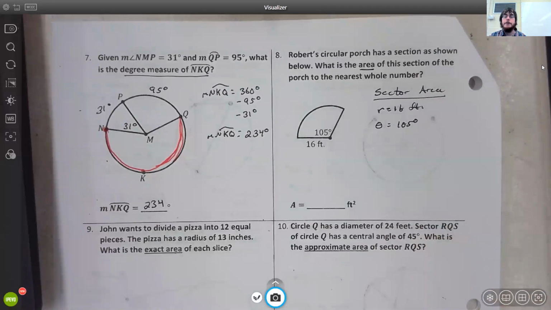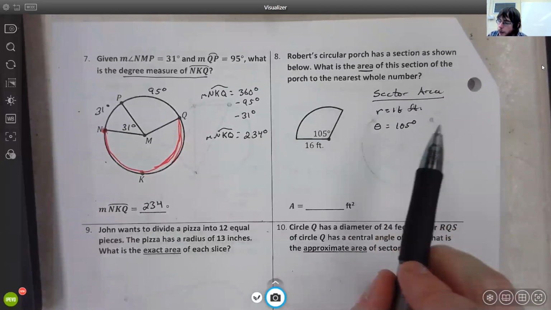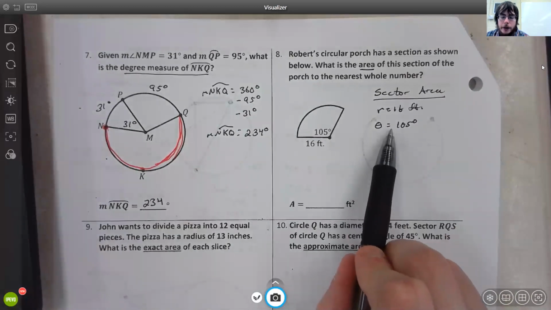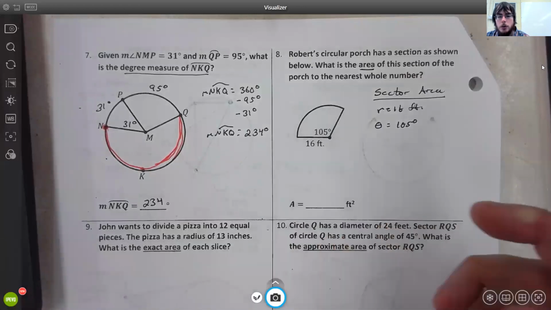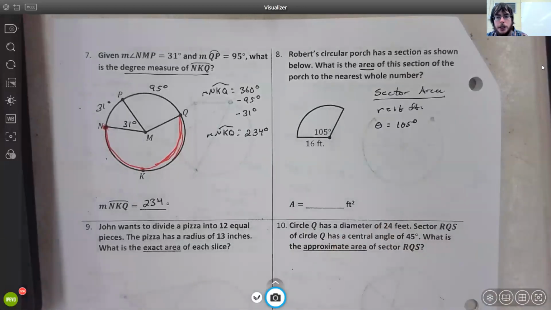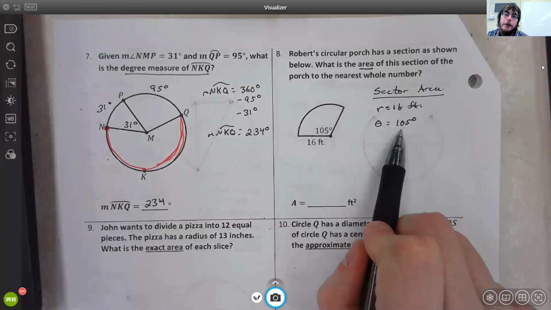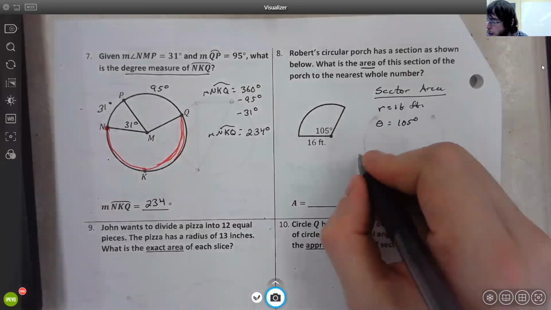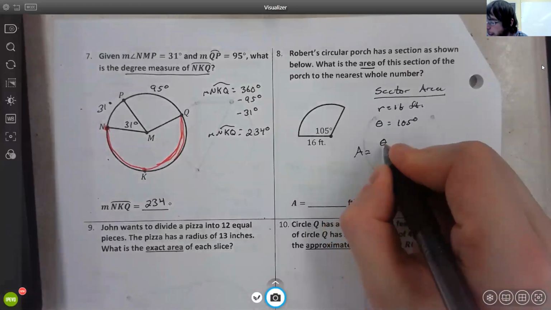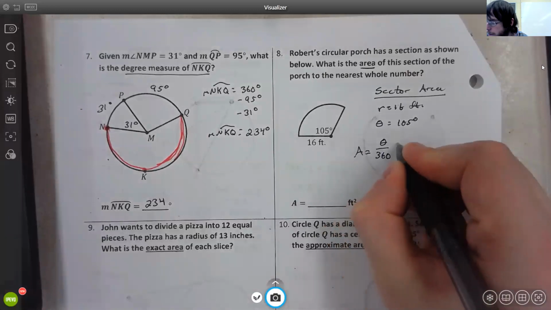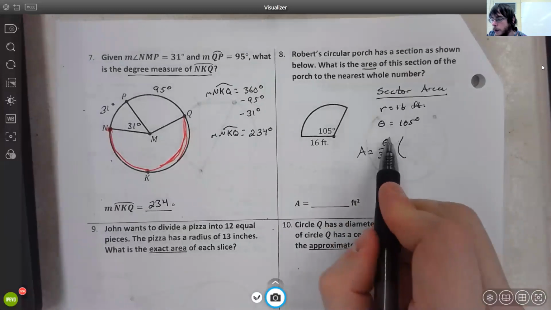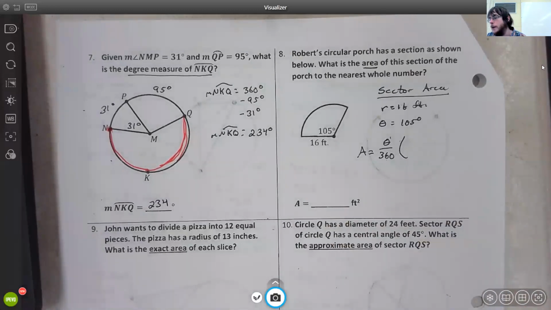Now, when you're trying to find sector area, it's a fraction of the circle's area. And that fraction has to deal with this theta, okay? Now, a whole circle would be 360 degrees, but we only know the part of 105 degrees. So our fraction is going to be theta over 360, because this is our part over the whole thing.